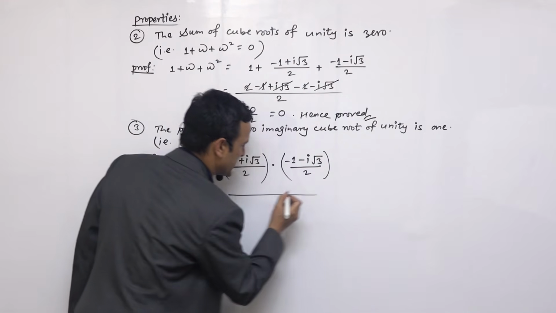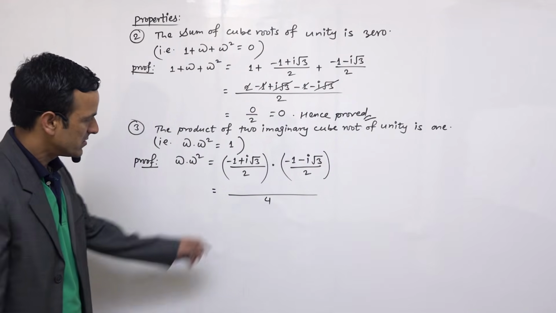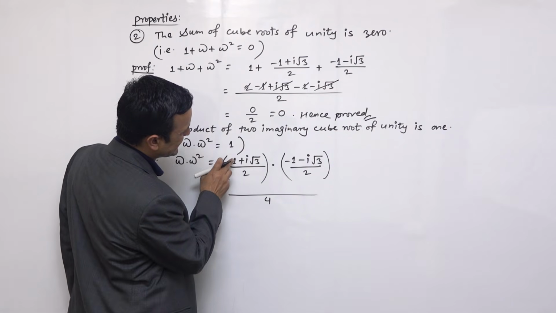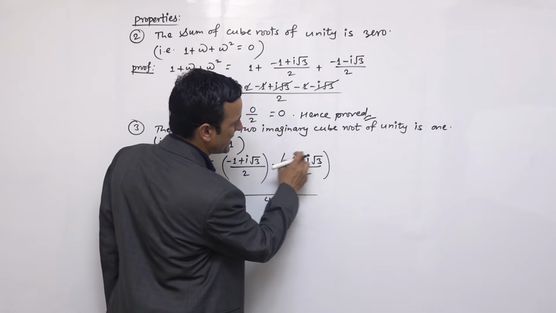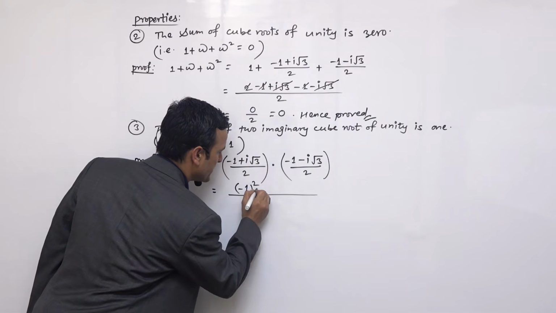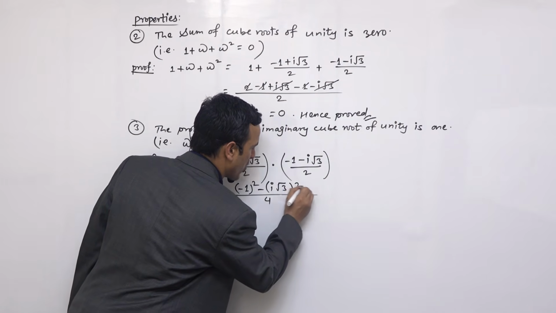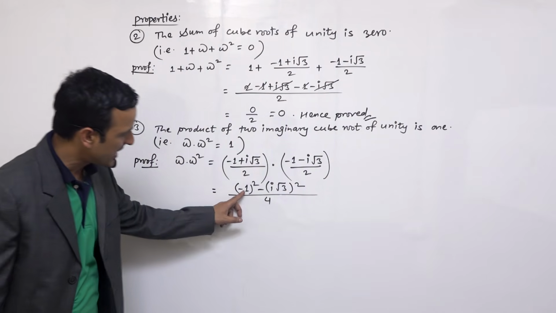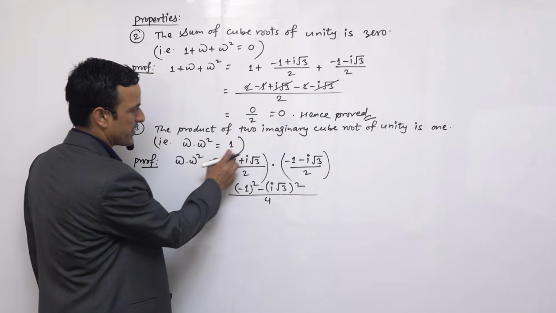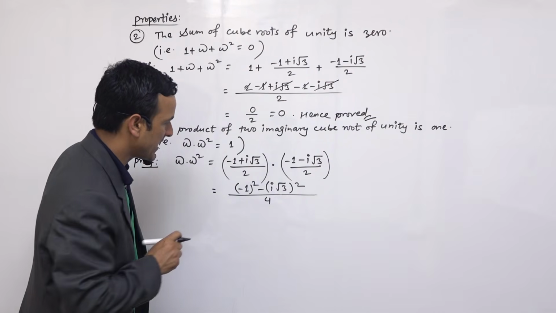If we multiply, then 2 times 2 is 4, multiplying the denominators together. In the numerator we can see a plus b and a minus b, that means (-1) square minus (i root 3) square. This is a square minus b square, because here is a plus b and here is a minus b, so we can use the algebraic formula.